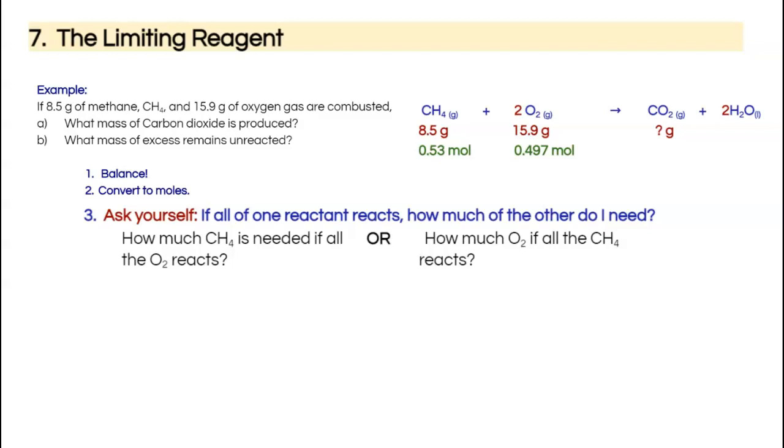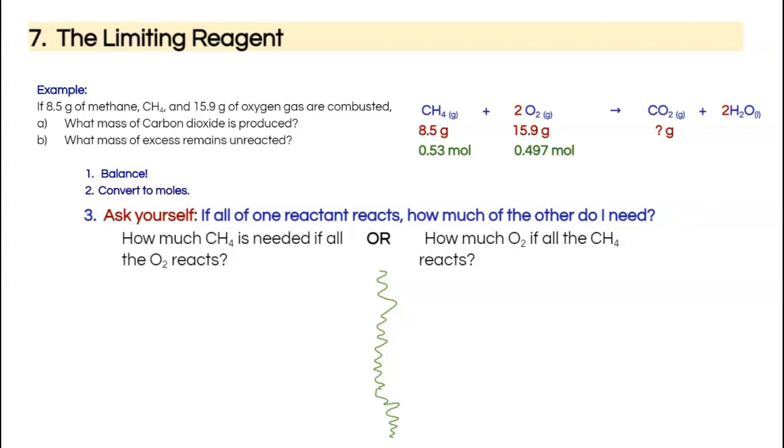That's how you go about thinking about which reactant is your limiting reagent when we're looking at a chemistry problem as well. Normally I wouldn't go through both sides of the situation, but I think for this first example, it may be useful to see what it looks like depending on what choice you make. So ask yourself, if all of one reactant reacts, how much of the other do I need?